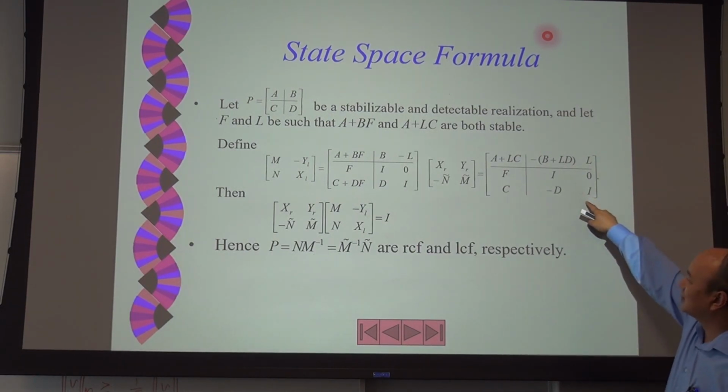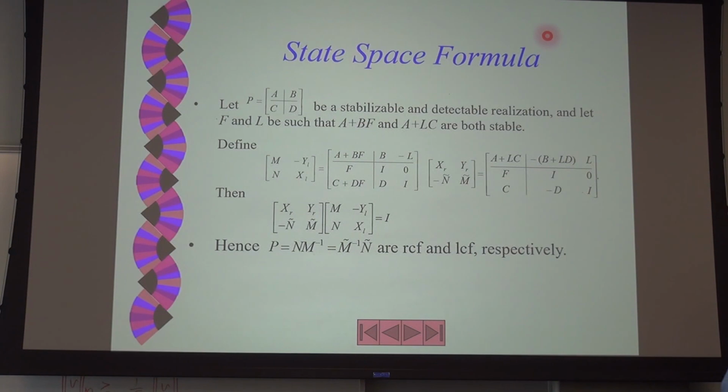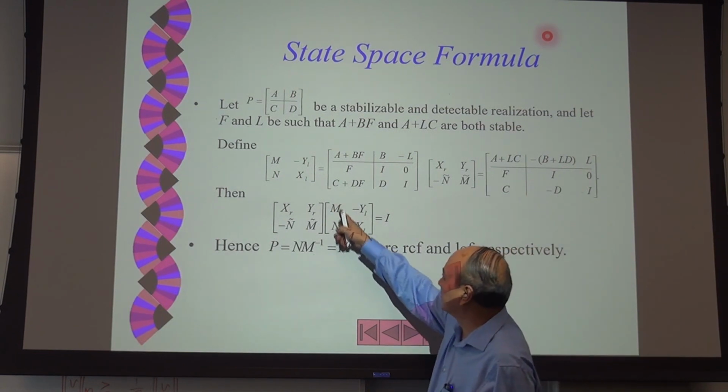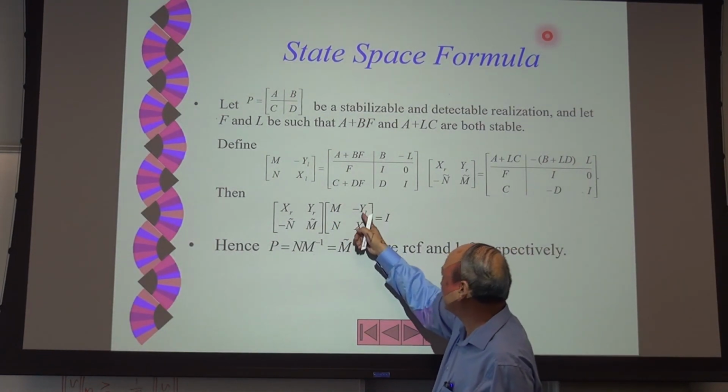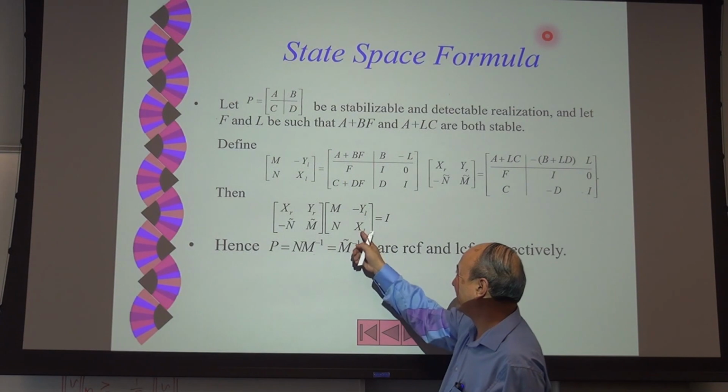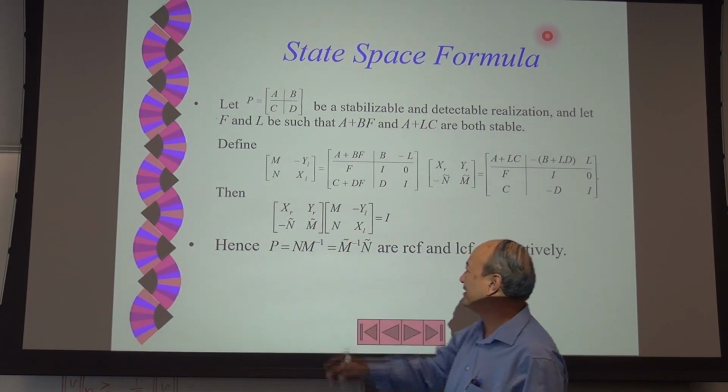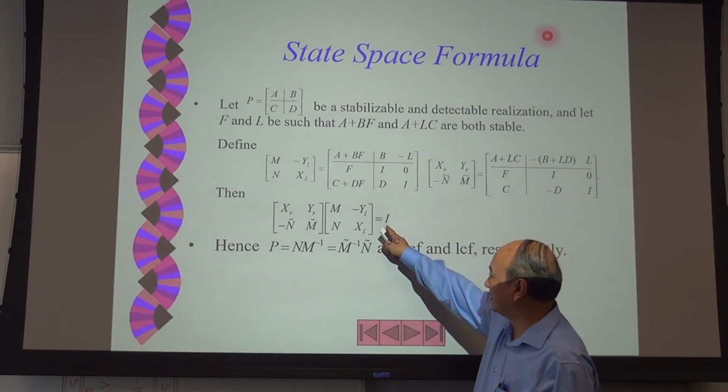The derivation is in the textbook, and people have studied this extensively in the past. From the left and right coprime factorizations you then have this identity. It is very tangled.